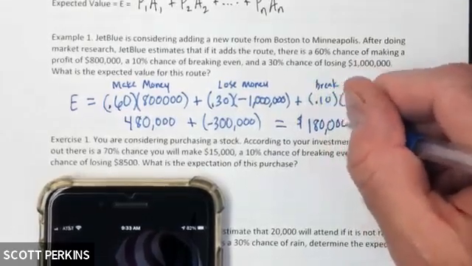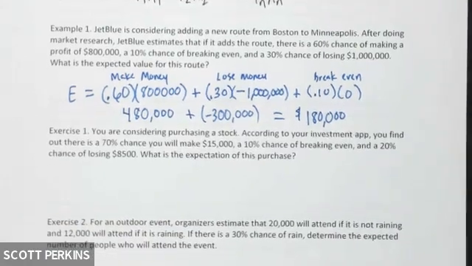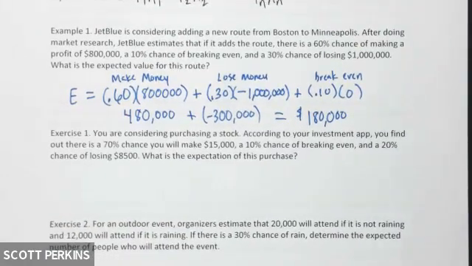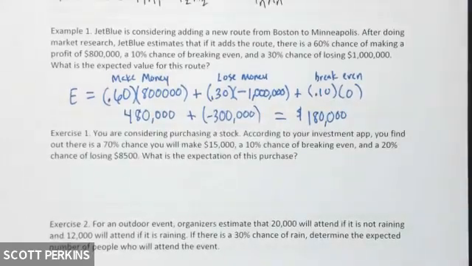So over the long term, over the course of many times running that route, they expect to gain value. Sometimes they're going to lose, but more often they're going to gain. And so the average over the long term is that they gain 180,000 every time.